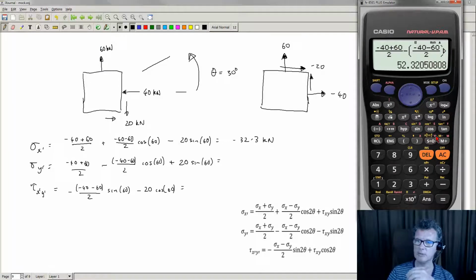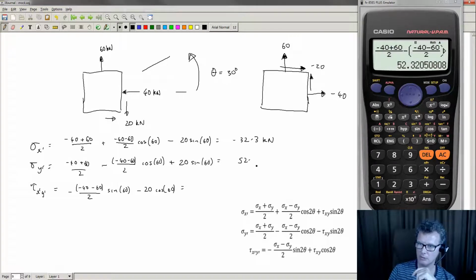So that becomes y dashed is 52.3 kilonewtons, and those numbers kind of seem sensible. If I'm rotating this by 30 degrees, I'm still vaguely pointing left to right. So my minus 40 is becoming a minus 32. That sounds about right. So I'm swinging this around. My 60 becomes a 52.